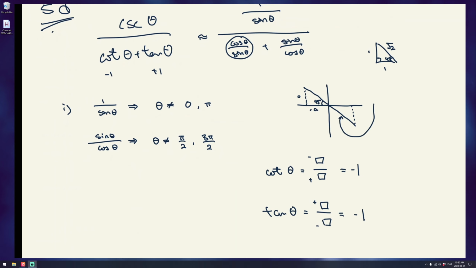Pretty much the same idea, but you can do this inspection of signs to make firm in your mind why it doesn't work. Okay, so we can't get cotan and tan to both equal 0. We can't get cotan and tan to equal different values, like opposite values, if you will. So in that case, these are the only restrictions.